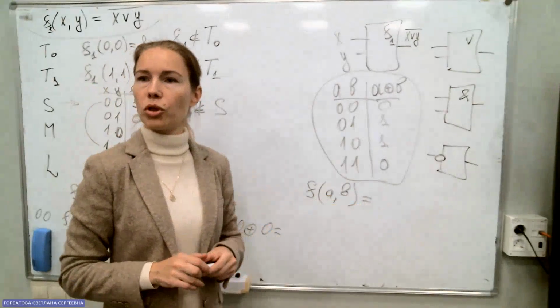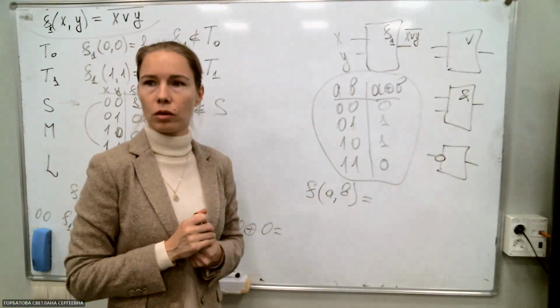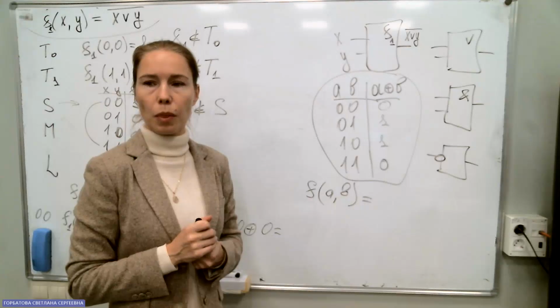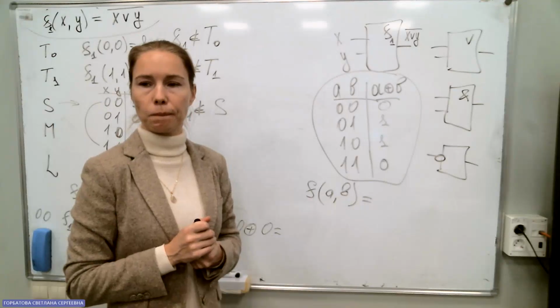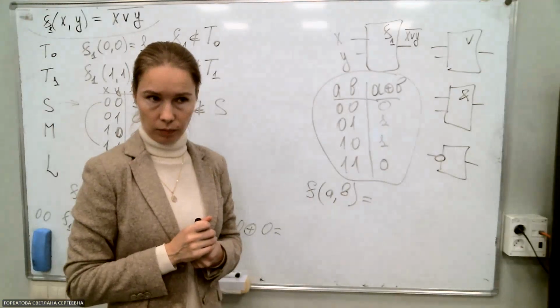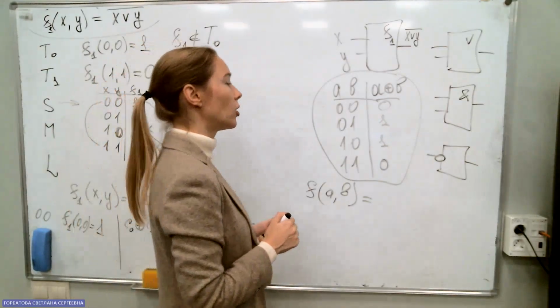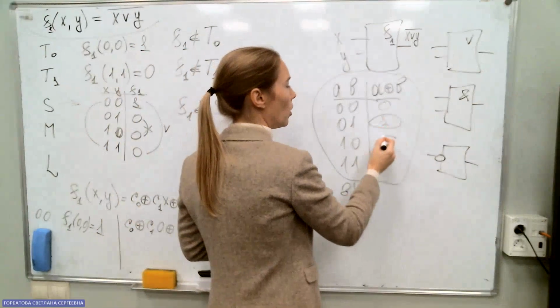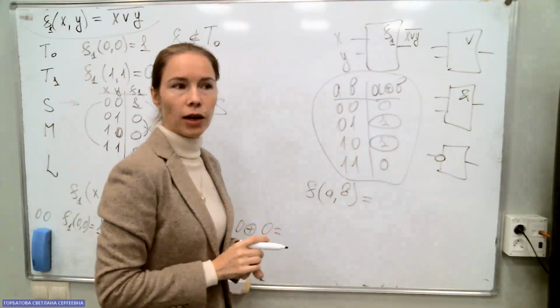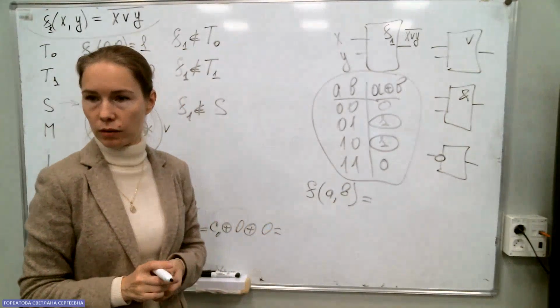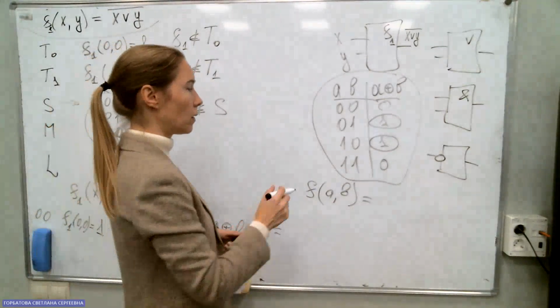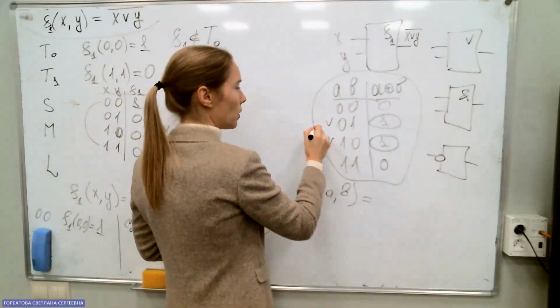It is the disjunction of the two points where the function equals 1.